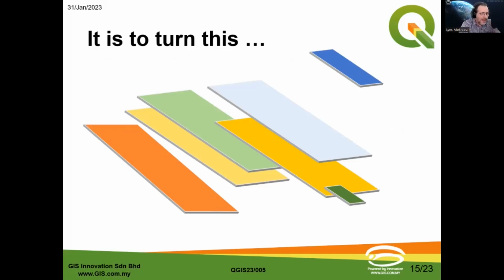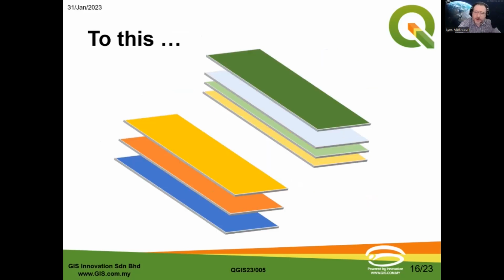So when you know what the coordinate system is for each layer, then you can turn this into this. You are organizing your layers so they can be put exactly at the same location on your computer.